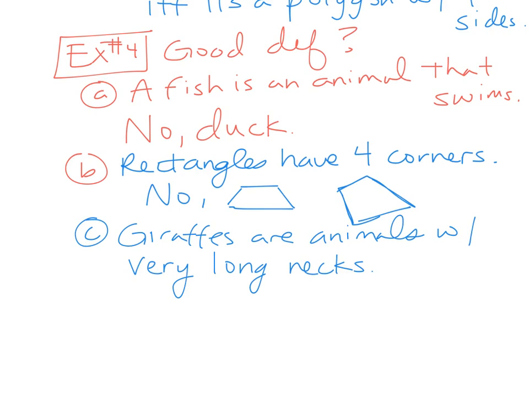Or an ostrich. So this very long, that's relative. What is long to one person is not necessarily long to another. So you can't use words like that to give the definition. We could say an ostrich would be a good counterexample. So not a good definition. It's true, it's just not a good definition for that animal.